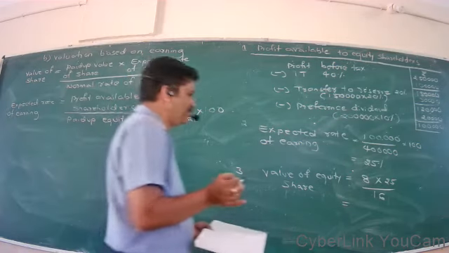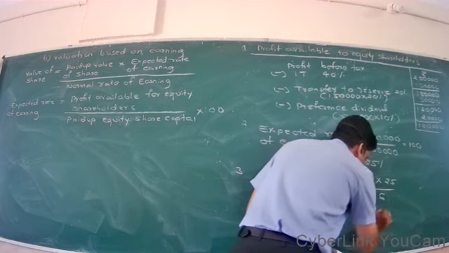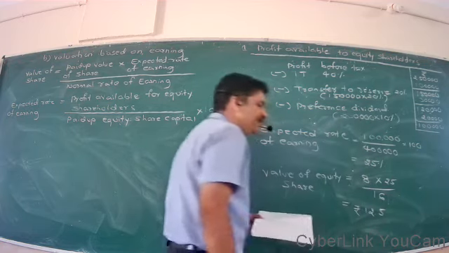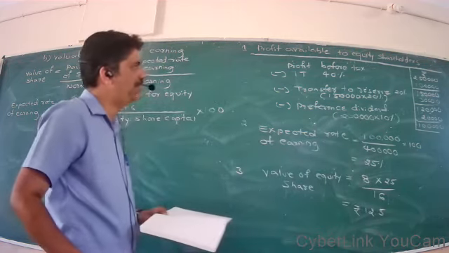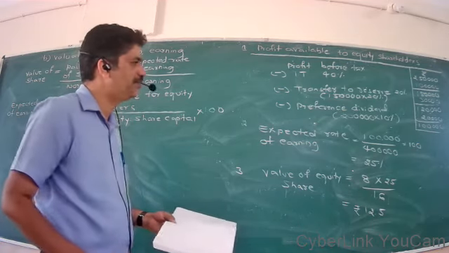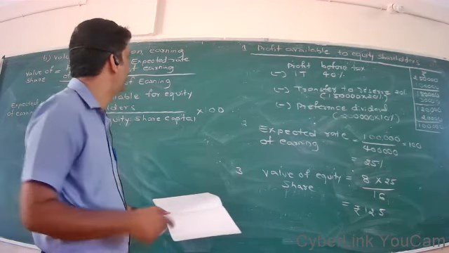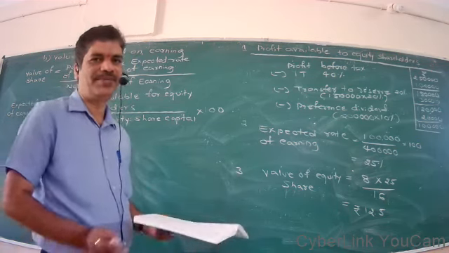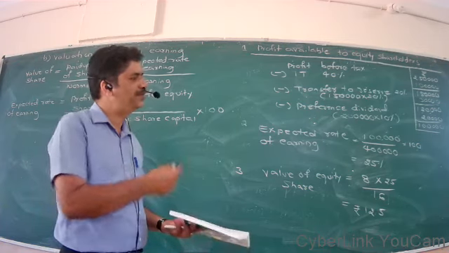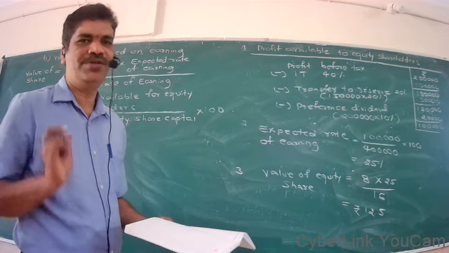So that becomes finally rupees 12.5, the value of equity share under the yield method, based on earning. I hope you have understood this problem, and if you have doubts you can ask.